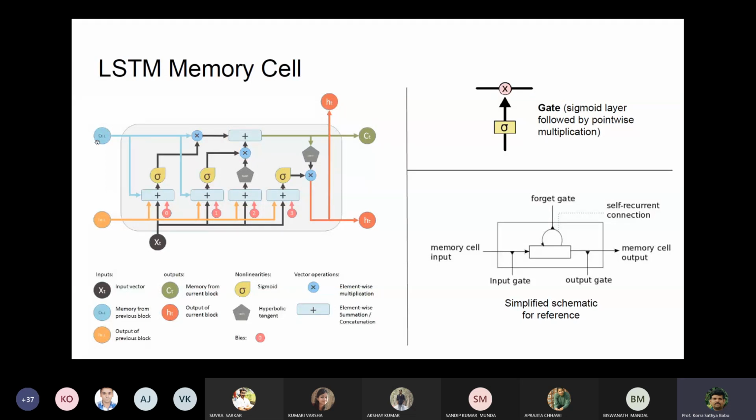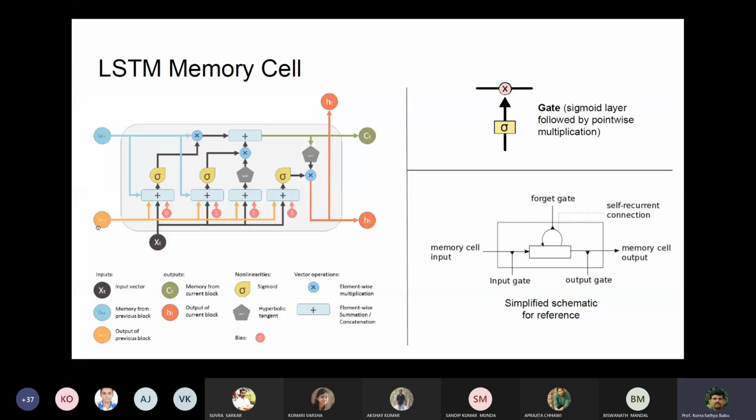Then the output of the previous block, h t minus 1, you take from the previous block and feed as an input to the different gates over here.